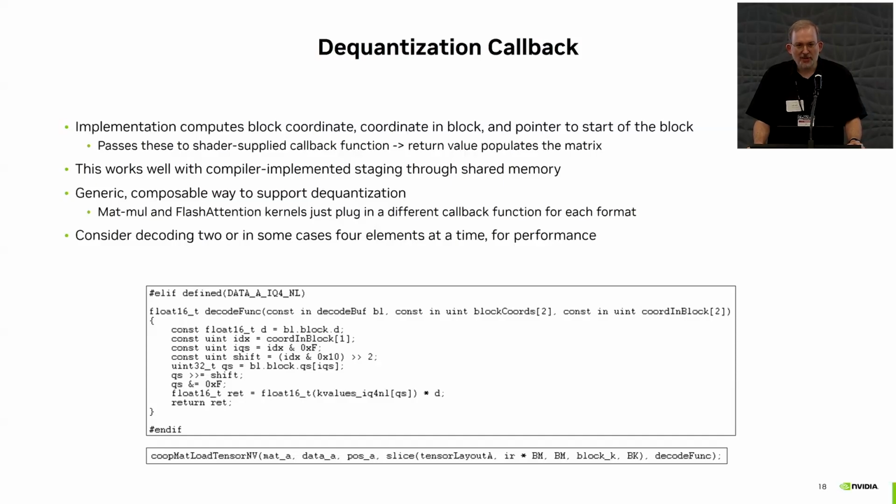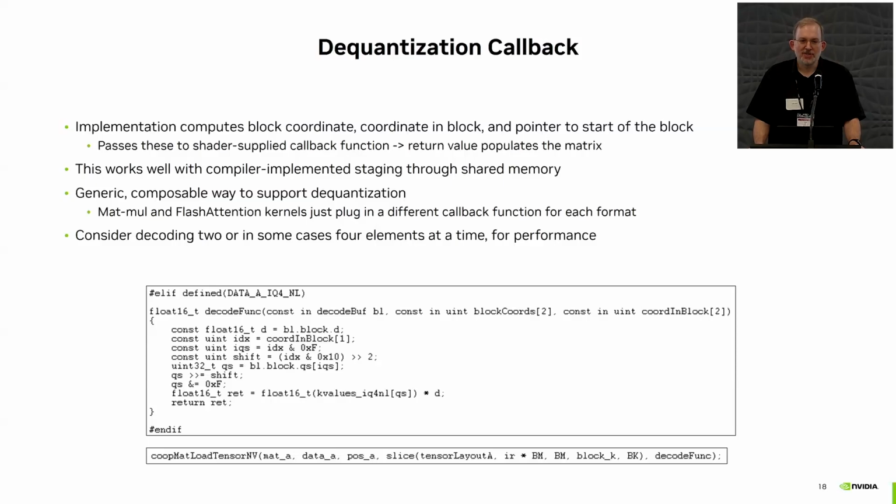My one regret about this is that many of these formats are amenable to decoding 2 or 4 neighboring elements at the same time. There's shared calculations they can do. So I kind of wish that I had made this callback support returning a vector, like a 2 or 4 component vector.